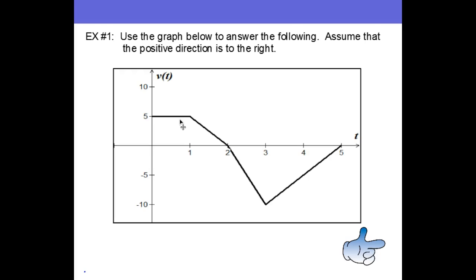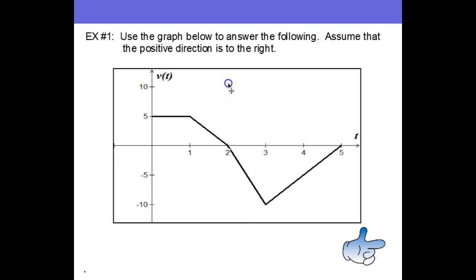What can we do now in order to find out about some of the other characteristics? First of all, if the slope of the distance function gives you the velocity because it's the first derivative, what does the slope of the velocity function give you? Acceleration.